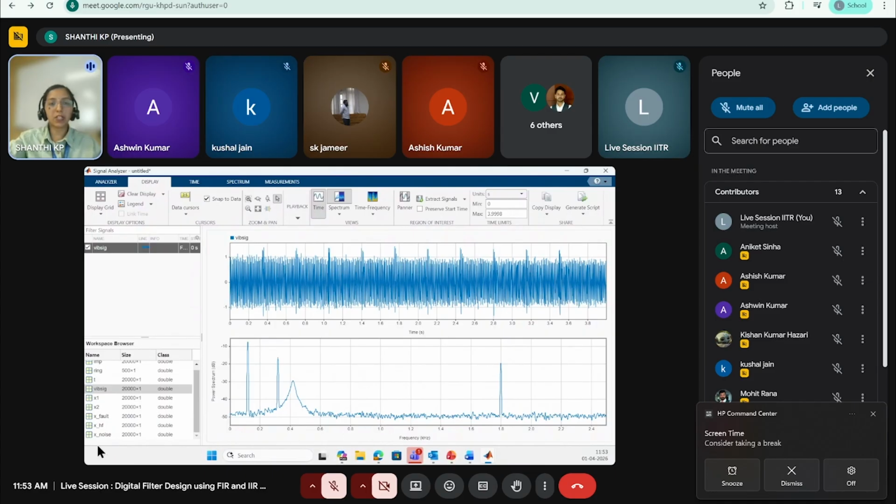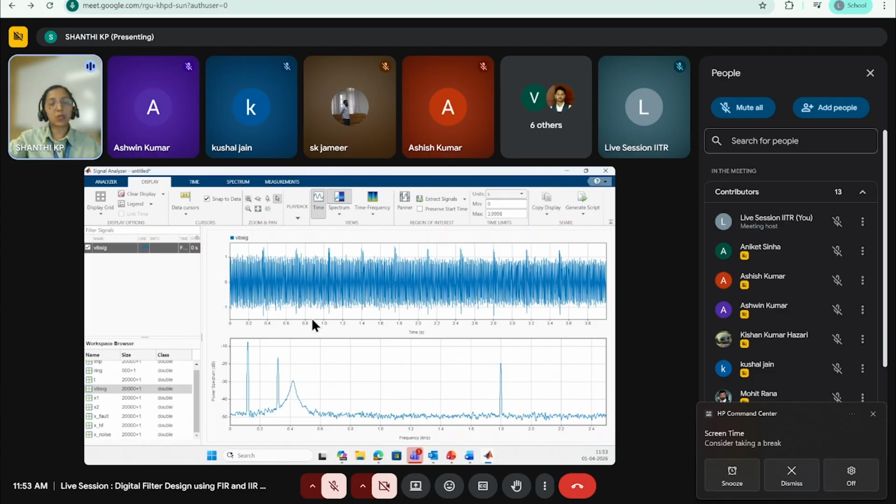At this stage, we are connecting our observation to the design specifications. You are choosing 500 hertz because the spectrum indicates the useful content is concentrated here. And you are leaving a transition band of 500 to 1000 hertz, because a narrower transition usually means higher order.